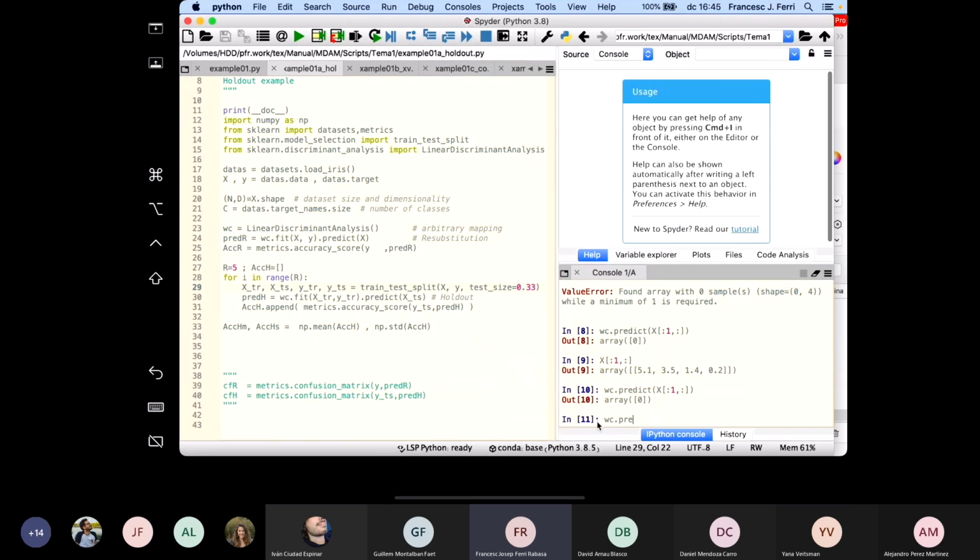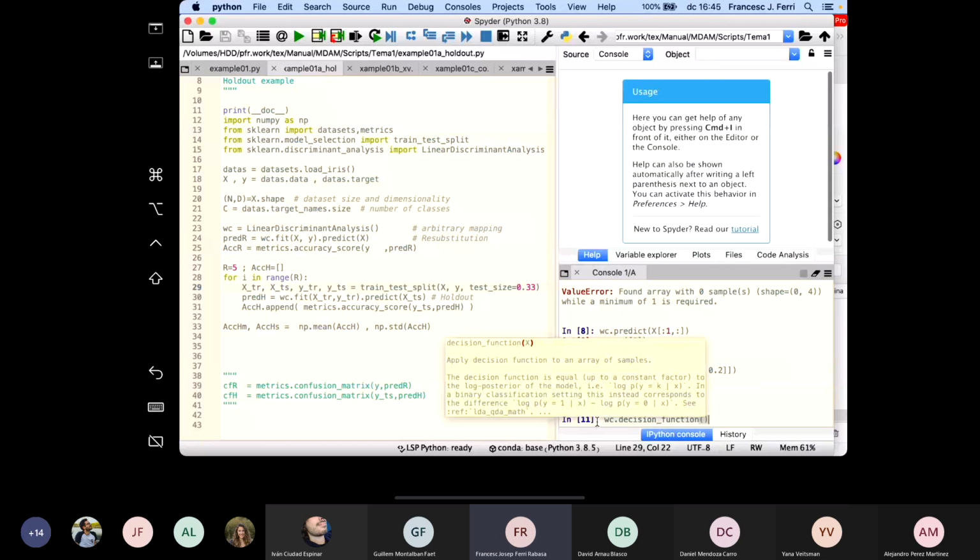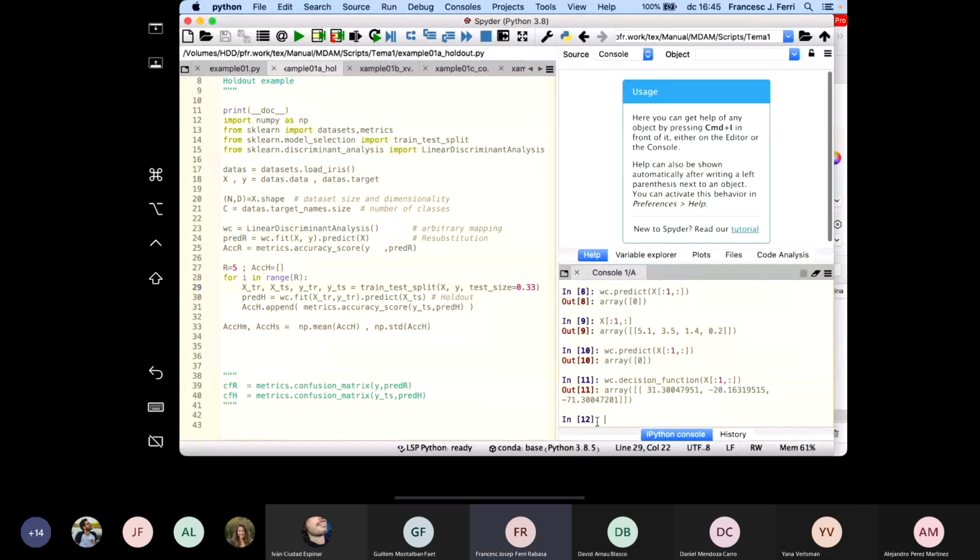But also associated to this mapping, I have a decision function that is exactly what we have just seen in the slides. If I give it the same input, then I obtain 3 values.